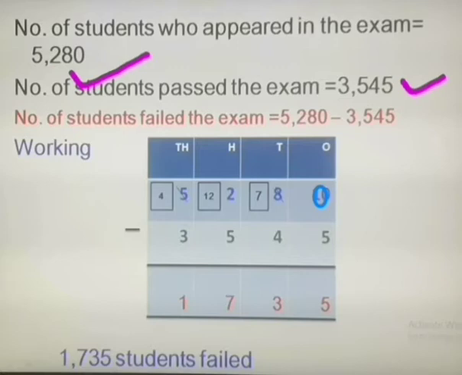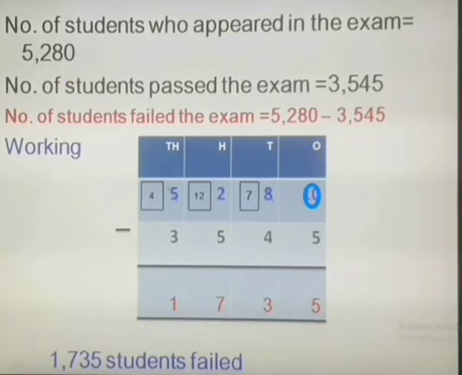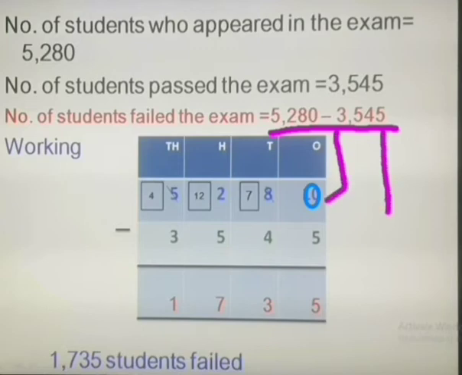Now children, as we have to find out the number of students who failed the exam, so for that we will subtract 3,545 from 5,280. Children, in order to do subtraction, first we have to arrange these numbers in their proper place value columns and one below the other. So greater number will come on top and a smaller number we will write below the greater number.